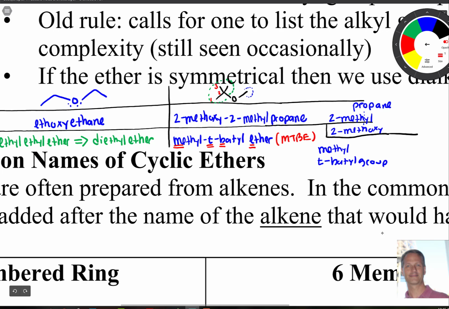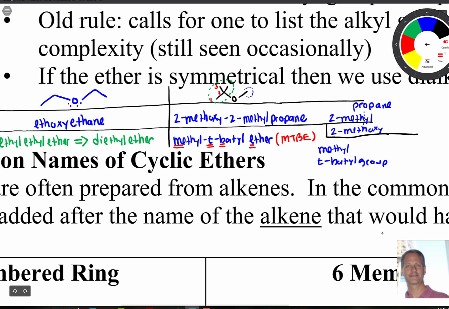That was used as a fuel additive for some period in time. It helped the efficiency of combustion in the engines. However, one thing that was discovered after years of using this is that it was showing up in water supplies in remote areas. So it was getting up into the air, coming down with the rain, and ending up in wells and stuff like that. So it's no longer used.